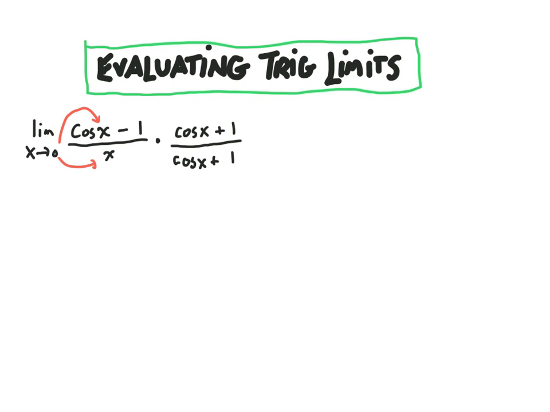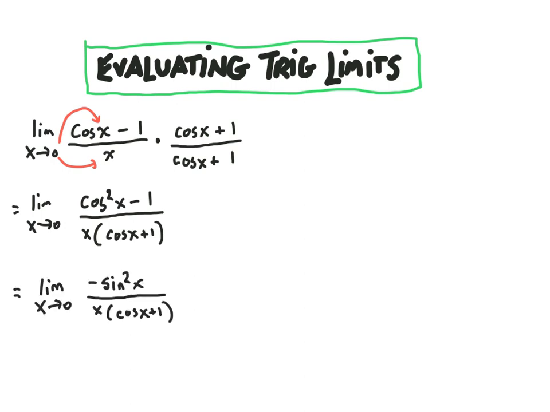This technique worked well with square roots and also worked well back when we studied trig identities, so it's worth an effort. This changes our problem to the limit as x goes to 0 of cosine squared x minus 1 over x times the quantity cosine x plus 1. And cosine squared x minus 1 we'll recognize as negative sine squared.